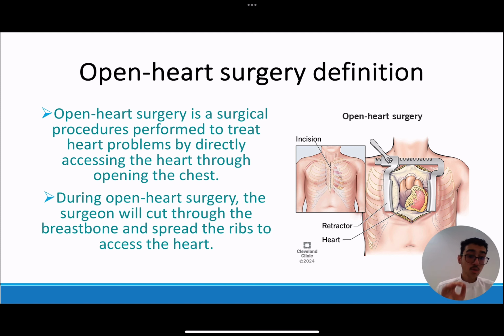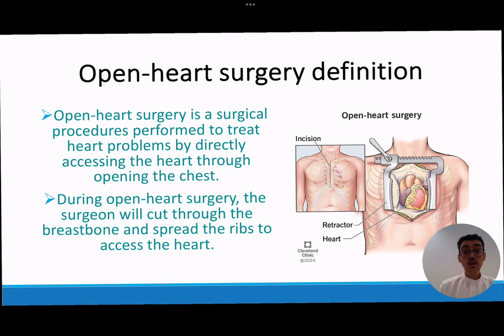So during open heart surgery, the surgeon will cut through the breastbone and spread the ribs to access the heart. So an open heart surgery is a type of heart surgery that involves opening your chest wide so a surgeon can reach your heart more easily. It is a way a surgeon can reach your heart directly and treat the heart issue.